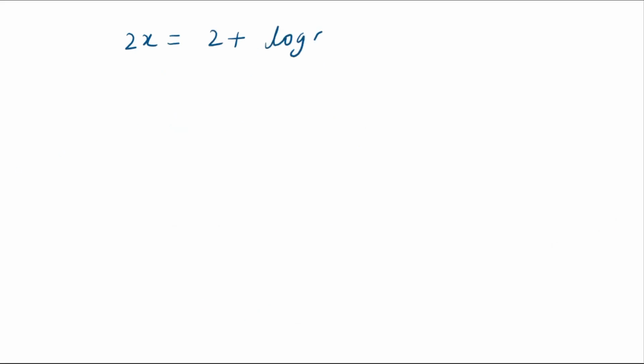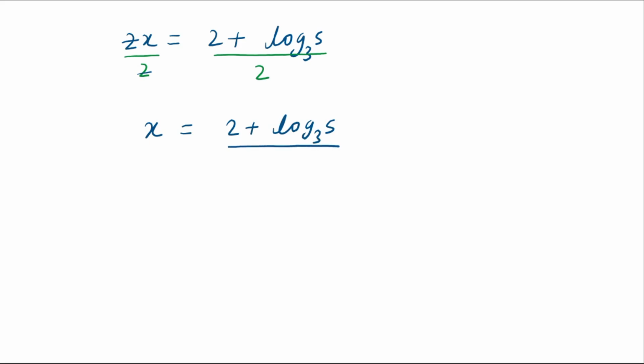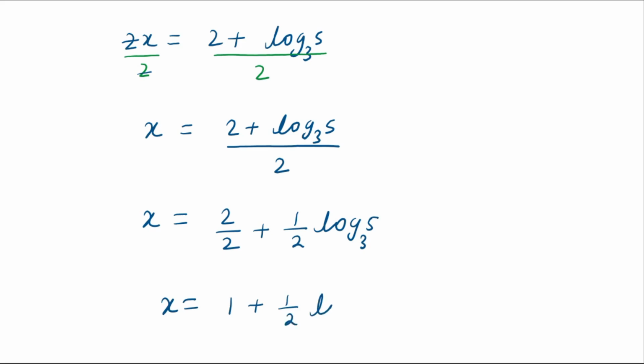Then we divide by 2, and the value of x is equal to 2 plus log 5 with base 3 divided by 2. Here the value of x is equal to 2 over 2 plus 1 over 2 log 5 with base 3, and x is equal to 2 over 2, which is 1, plus 1 over 2 log 5 with base 3.